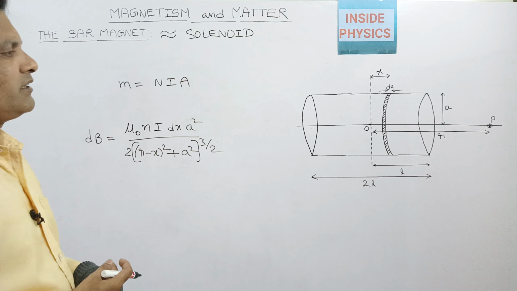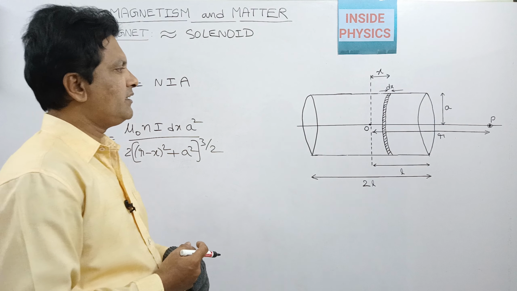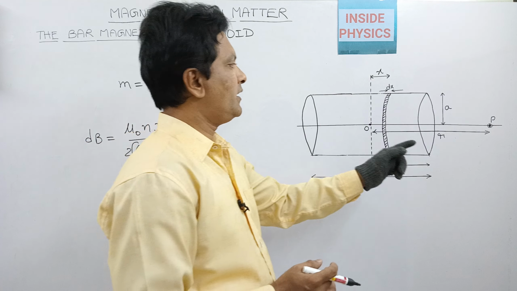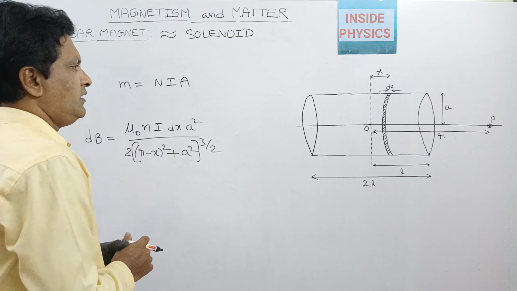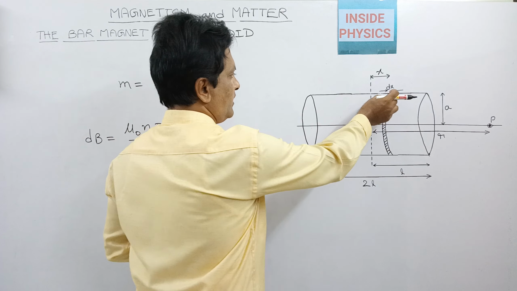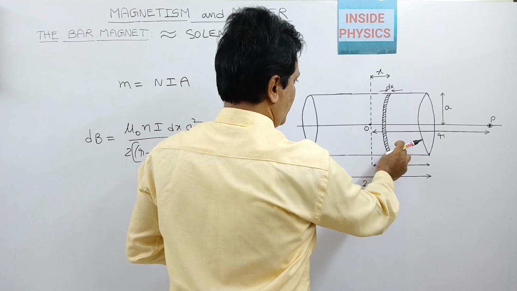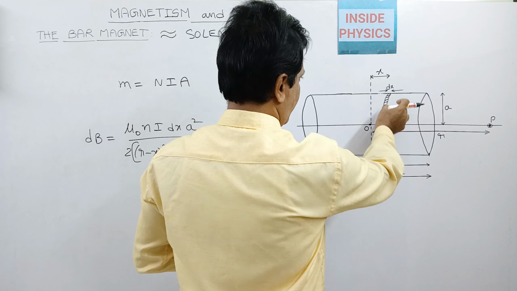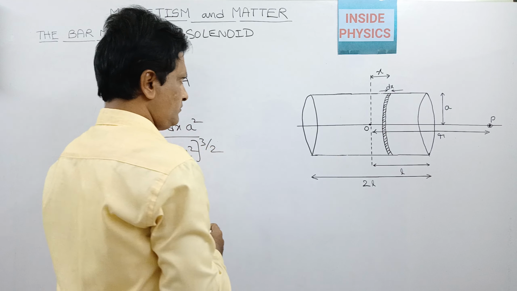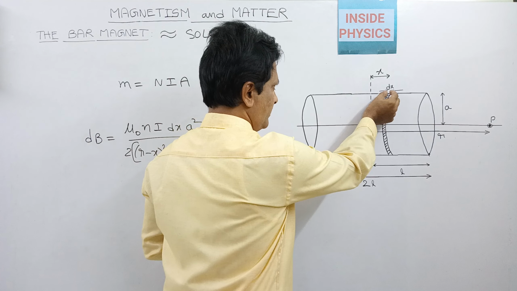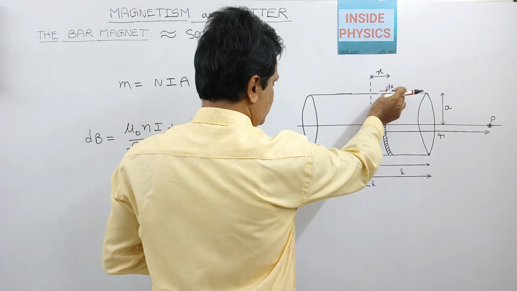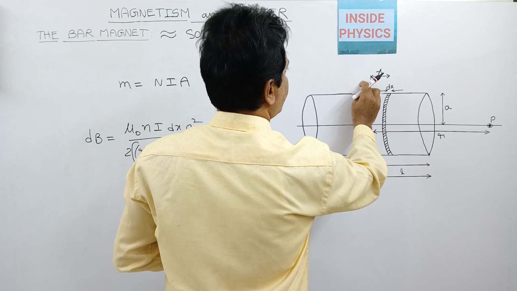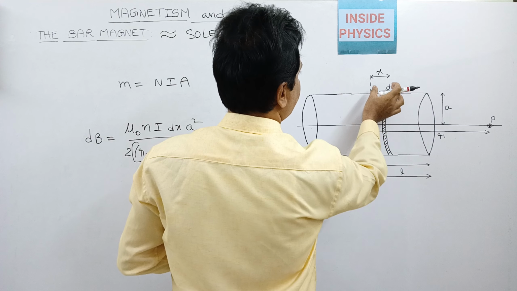For calculating the magnetic field due to this entire solenoid at this point P, first we consider a small loop which has a length dx, and this loop is at a distance x from the center.